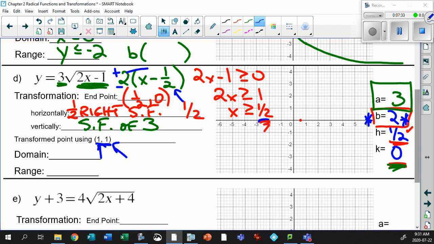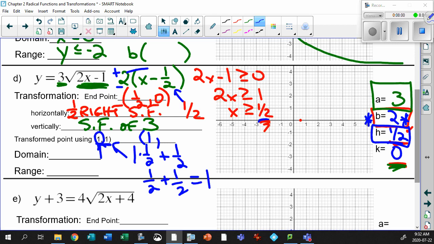So 1 times this 1 here times a half is a half, plus a half move. So 1 times the stretch factor of a half plus the 1/2 move, you've got a half plus a half, which means it's 1, it's a whole. So at 1, there's our transformed point. We're going to 1 comma, okay?